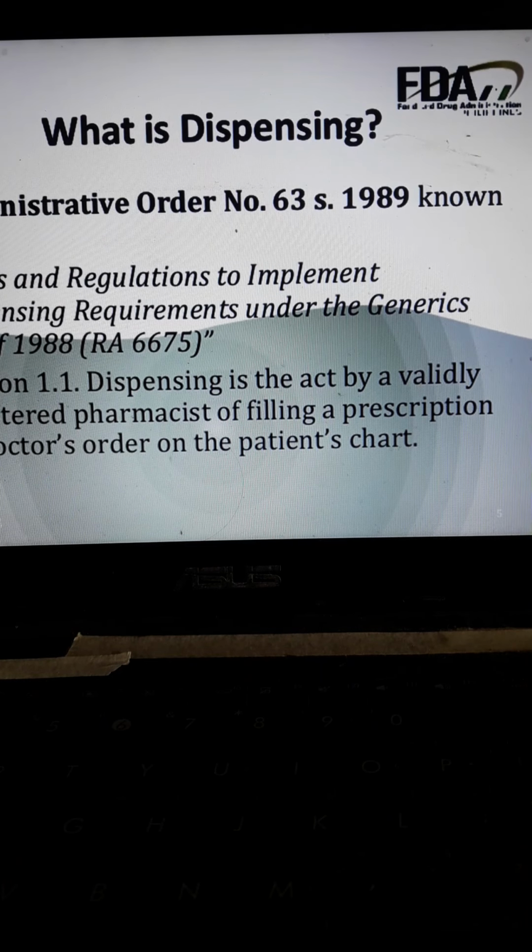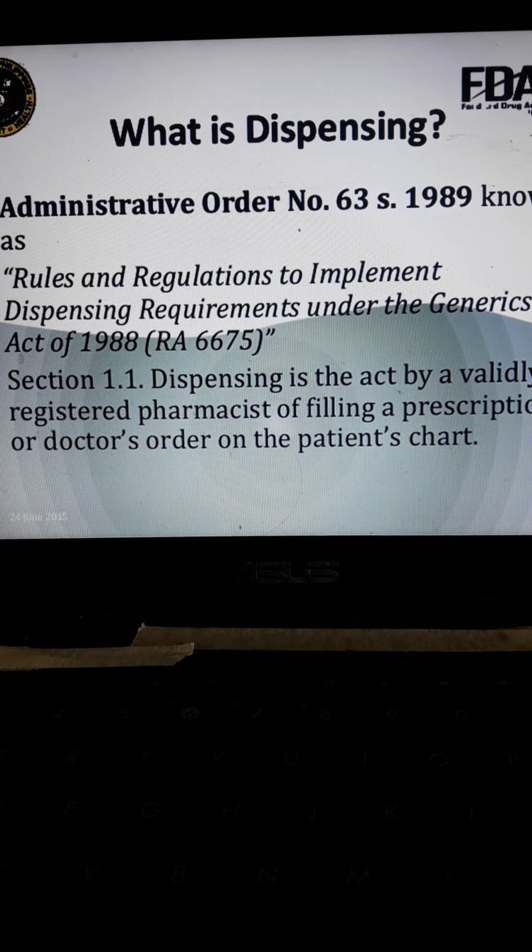Remember, we are the only ones authorized to dispense the medications of the doctor. The doctor prescribes and diagnoses, we dispense medicines. That is our vital role in the pharmacy.